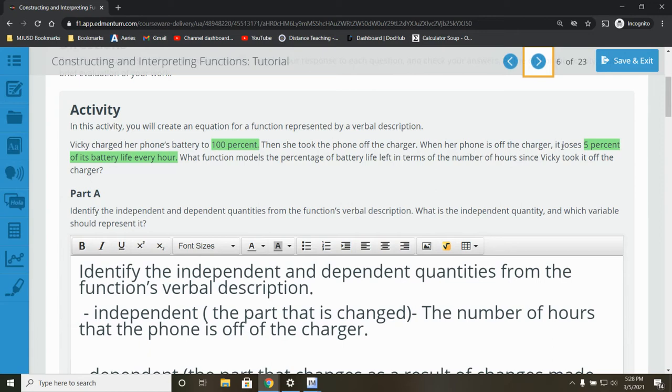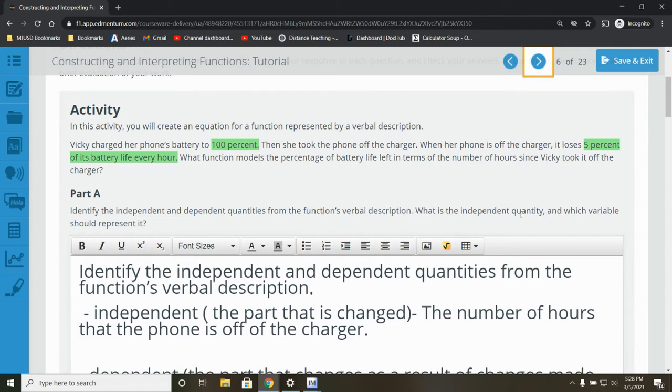When her phone is off the charger, it loses 5% of its battery life every hour. What function models the percentage of battery life in terms of the number of hours since Vicky took it off the charger? First, we need to identify the independent and dependent quantities from the function's verbal description.